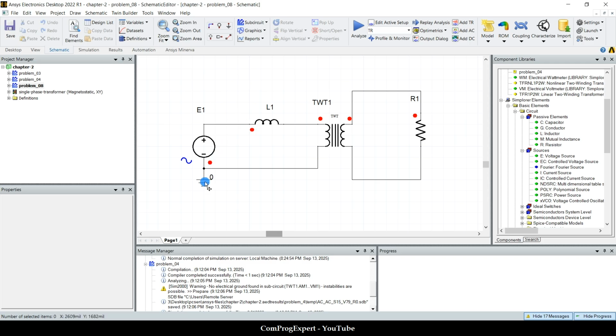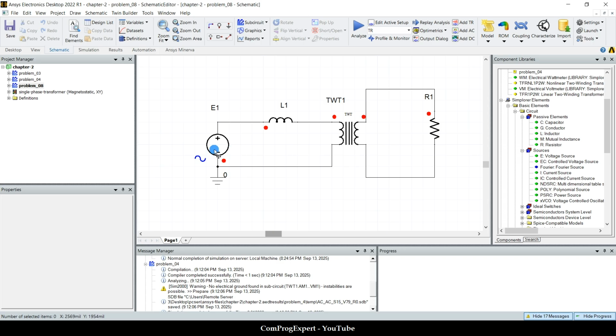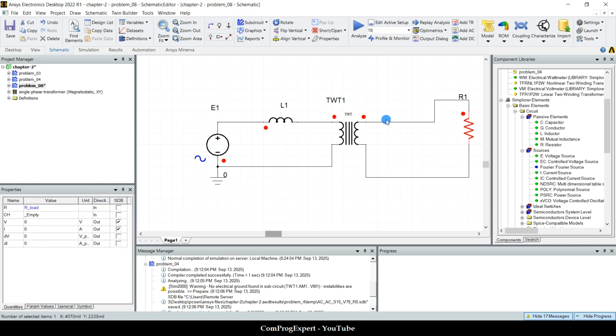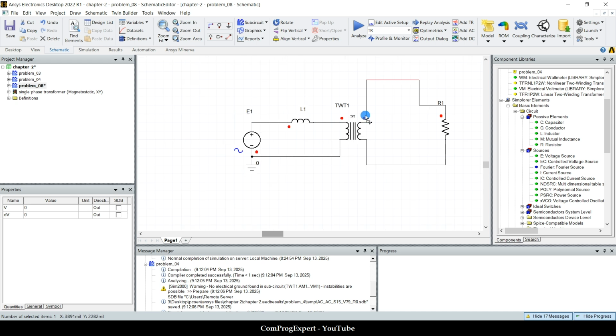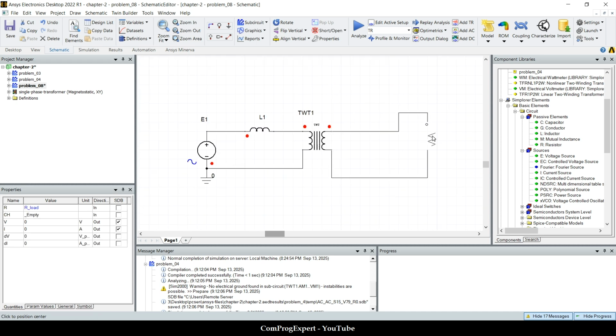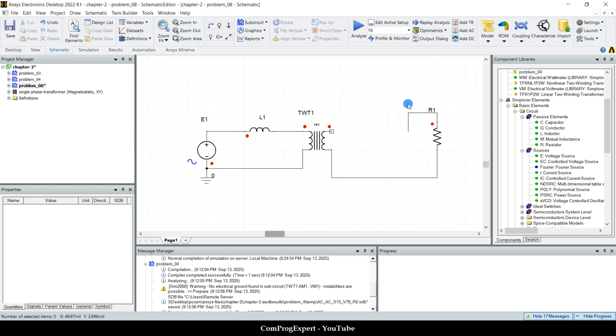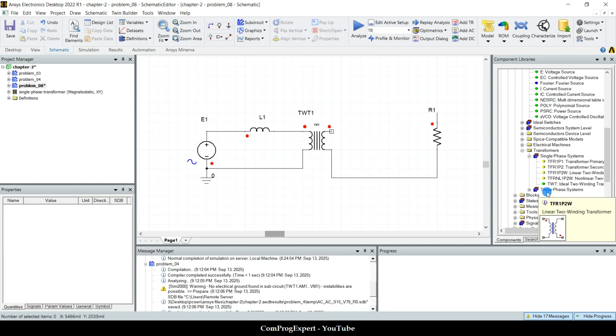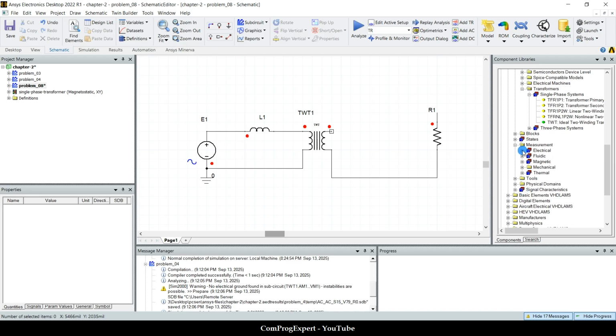Also, I want to measure the value of the load power. So we can add a wattmeter here. Let's delete these wires and add this one from the measurement.